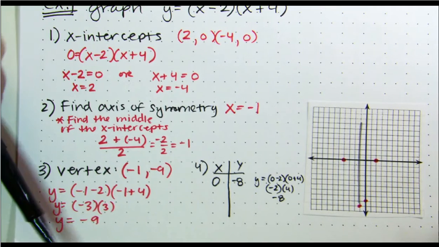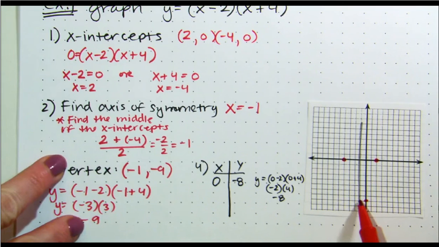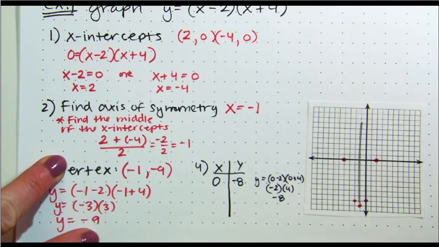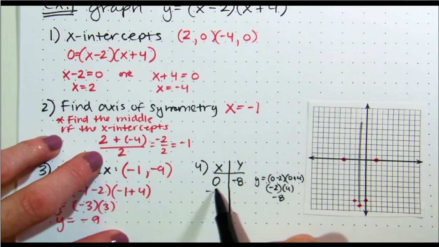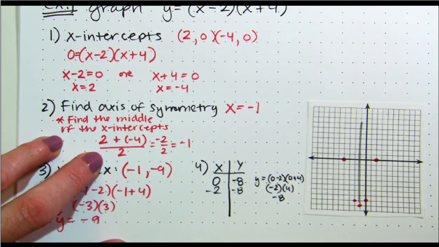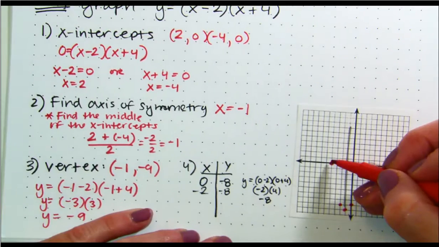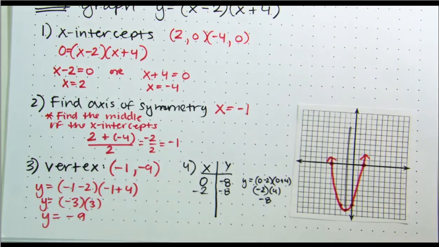Now I don't really have to go through any math to know that if I go to the right one and I get my point at negative 8, if I go to the left, that's my other point because it's that mirror image, right? So I also know that if x was negative 2, my y would be -8. So technically, I really only had to find one point, and then I automatically could get the other. And then we just connect our points, and that's it.